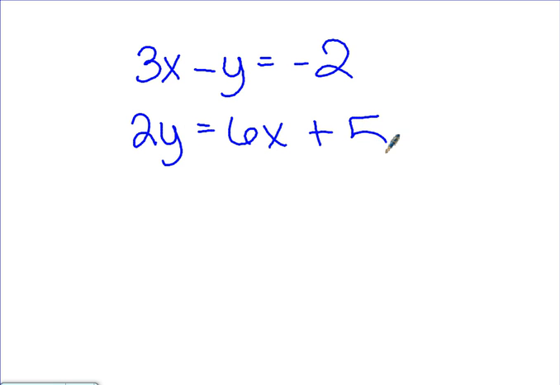I want you to determine, is it consistent or inconsistent, dependent or independent. And the best way to do this, not necessarily to even graph, is to put it in y equals form and determine the equation of the line. So go ahead and try that, make your determination, and we will talk about it when we come back into class.